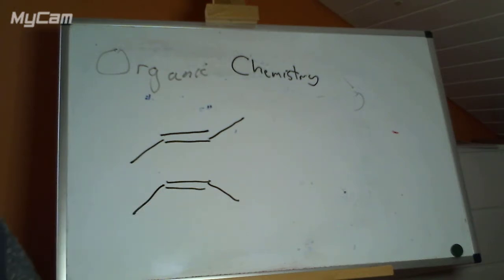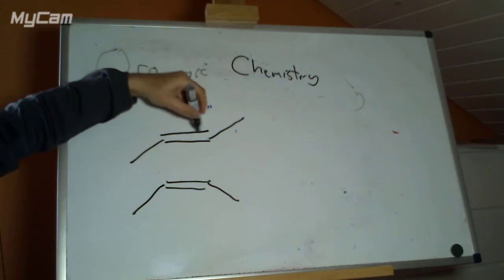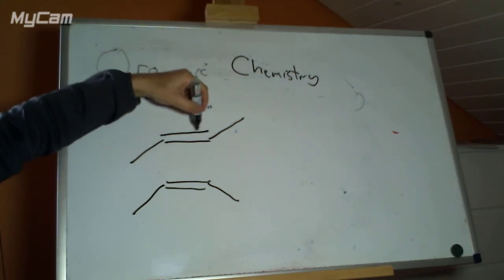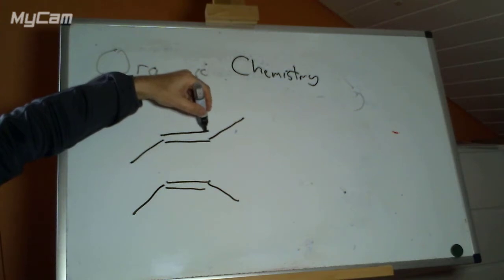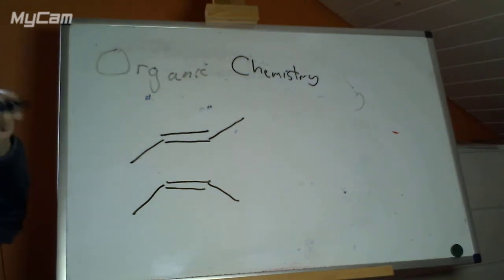So why are they separate variants? Well, this double bond has the normal sigma bond in the middle, and it has a pi bond on the outside. So it's really on the top and the bottom, but we like to draw it as an equal sign.